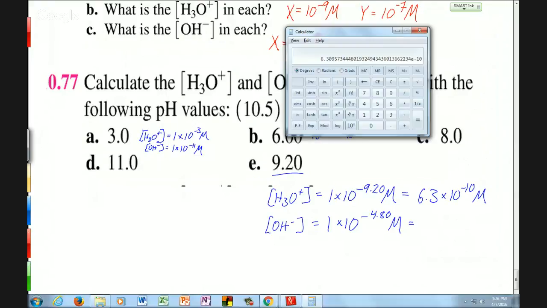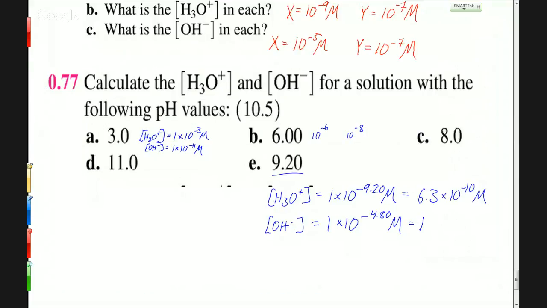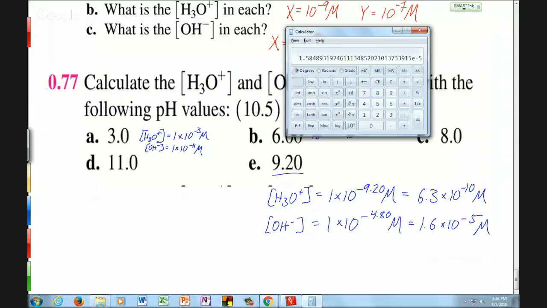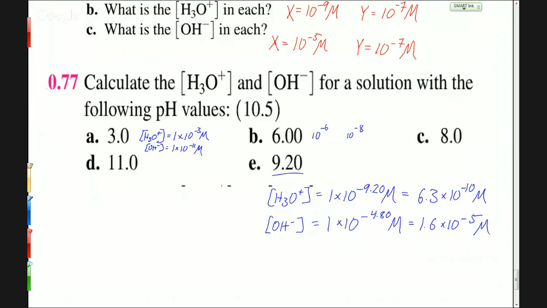And the other one, 10 to the minus 4.8 is going to be 1.6 times 10 to the minus 5. So we cannot leave it like that. Yeah, put it in your calculator to fix it.